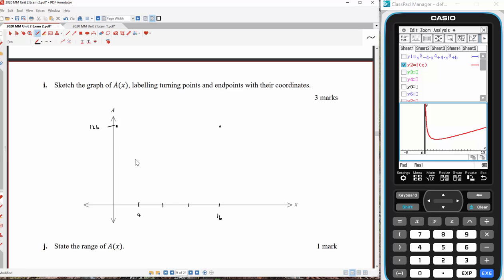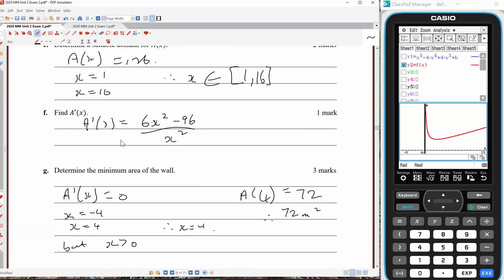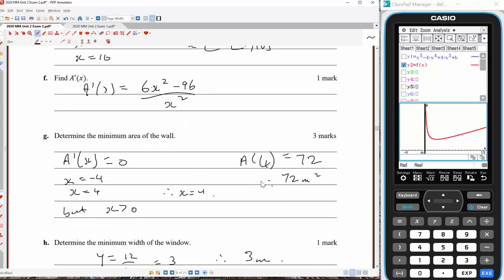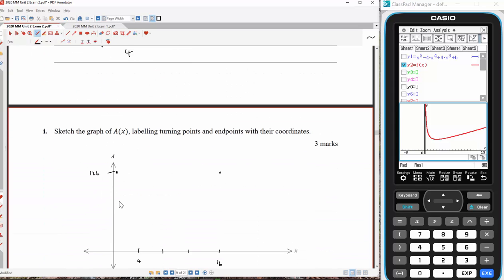And what was 4? The stationary point was at 4, 72. So 72 is a bit under halfway, so let's go 72 there. What our function does is it's sort of asymptotic there, swings in through there and flicks up to that point there.